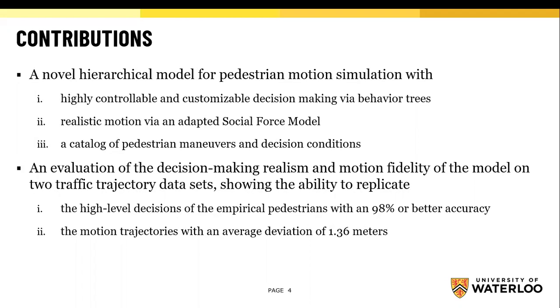Through this evaluation, we show that the high-level decisions of the empirical pedestrians, so the real-world pedestrians, our model replicates with 98% or better accuracy, and it also reproduces the low-level motion trajectories with an average deviation of 1.36 meters.